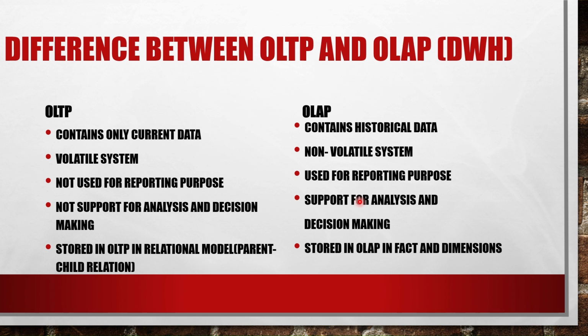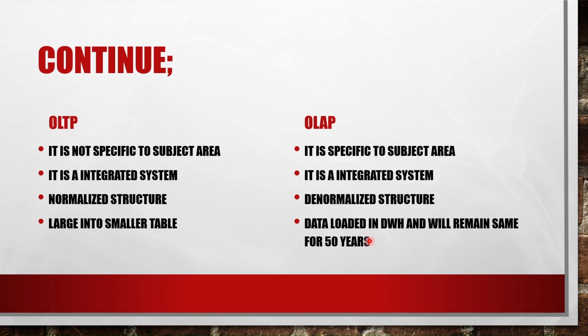Data is stored in the form of fact and dimension tables. OLTP is not about specific subject areas, and it is not an integrated system, and it has a normalized structure. OLAP is about a specific subject area, it is an integrated system, and the structure is denormalized. The data is stored in summary-level format.